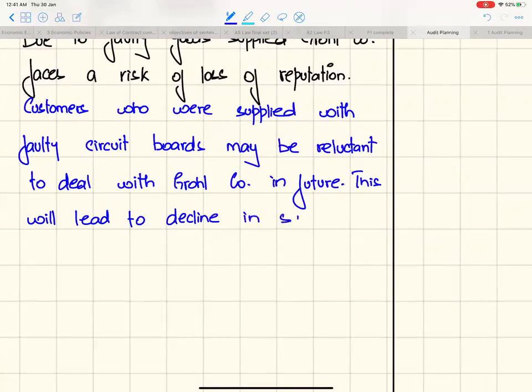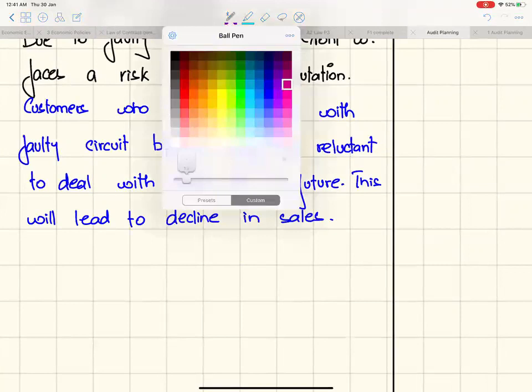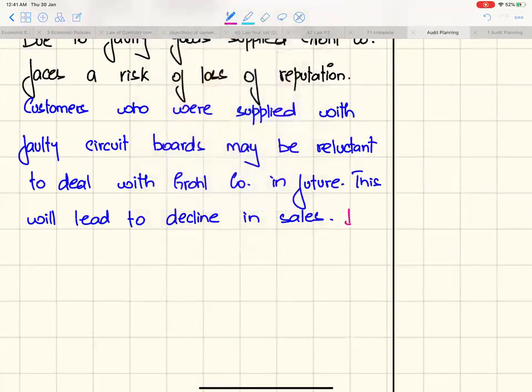Now let's give an evaluative comment. Now what will be the evaluative comment? Issue was mitigated. Now see how I'm writing the evaluative comment.